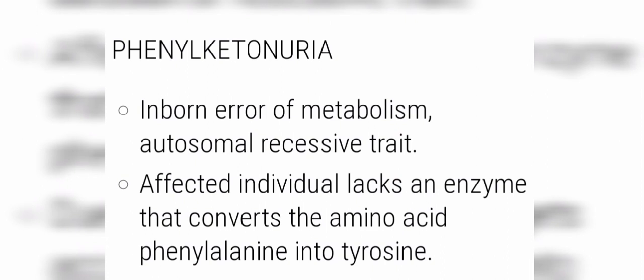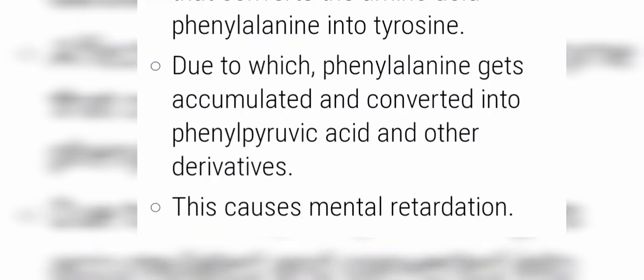It is caused due to the mutation of the gene which codes for an enzyme phenylalanine hydroxylase, which helps to convert phenylalanine to tyrosine, and as a result it causes accumulation of phenylalanine, and it is converted to phenylpyruvic acid and other derivatives. This causes a large number of phenotypic expressions characterized by mental retardation and reduction in hair and skin pigmentation. So a single gene which has undergone mutation controls the expression of a number of phenotypic expressions, and that is called pleiotropy.